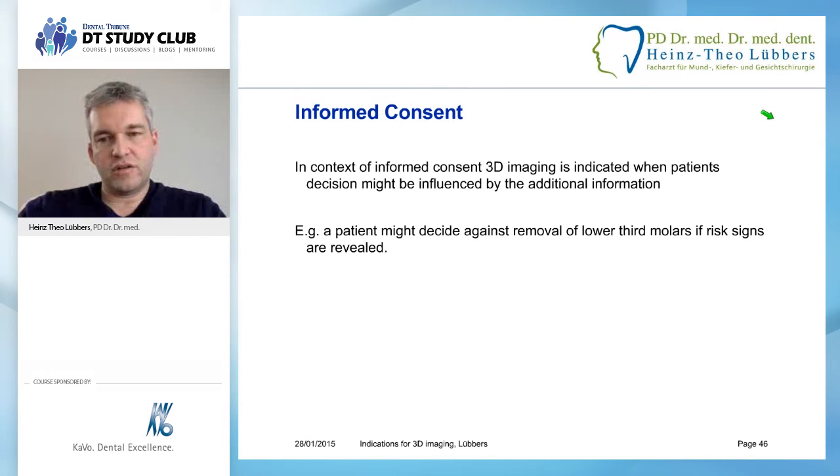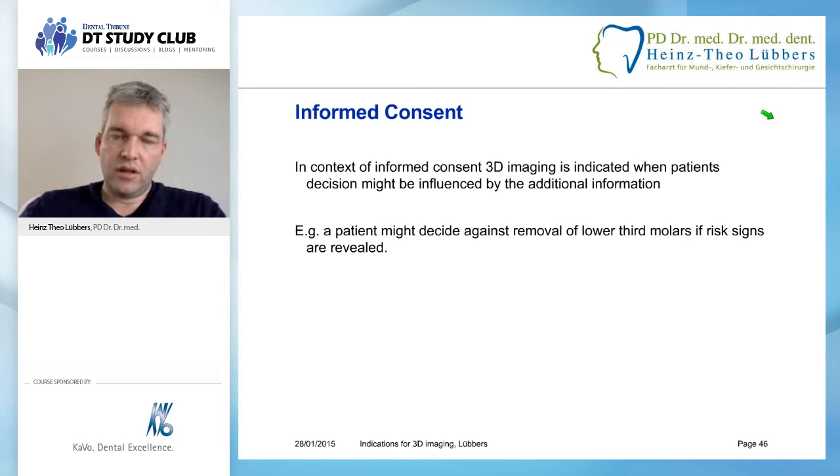Another area I didn't talk about before now is informed consent. I mentioned it shortly with the rabbit picture, if you remember. 3D imaging is indicated when the patient's decision might be influenced by the additional information.